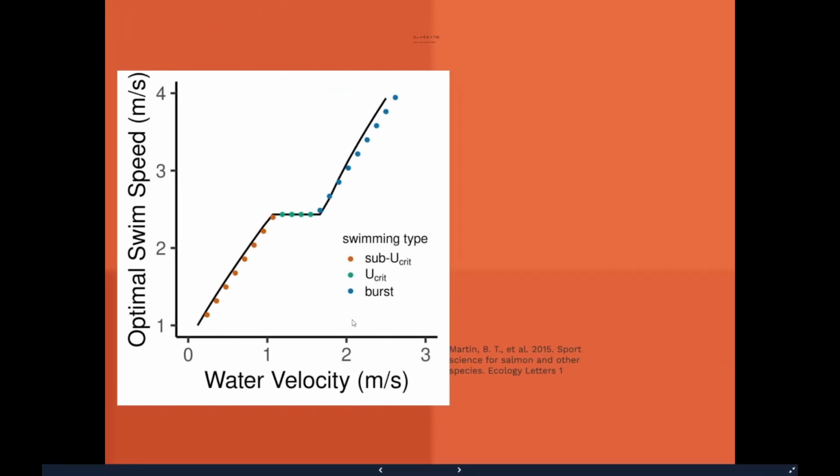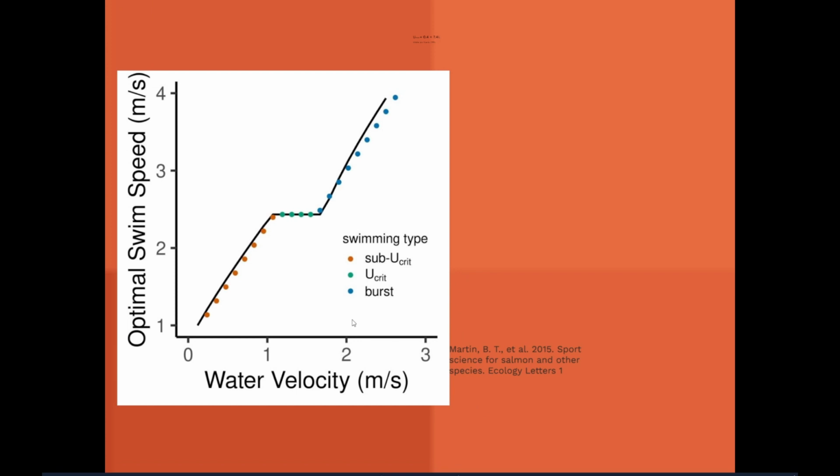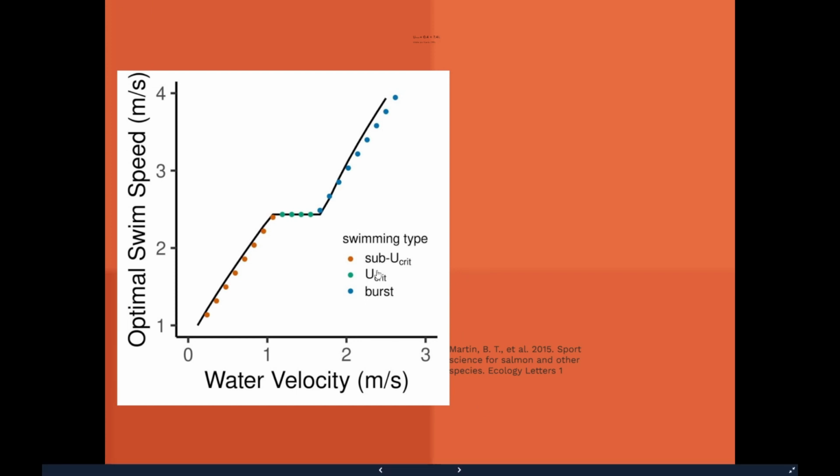To do this, when the fish migrate, they also engage in burst swimming and swim above their U-crit, and so we have a very fast algorithm designed to model this, based on a more complex algorithm that's very computationally intensive from Martin et al. 2015. The way this simply works, and I won't go into too much detail here, is it uses a series of linear relationships between these endpoints here to interpolate when a fish should swim below its U-crit, stay at its U-crit, or engage in burst swimming.